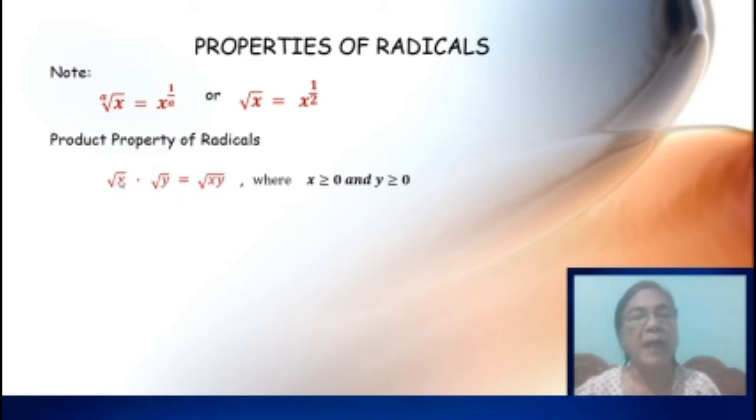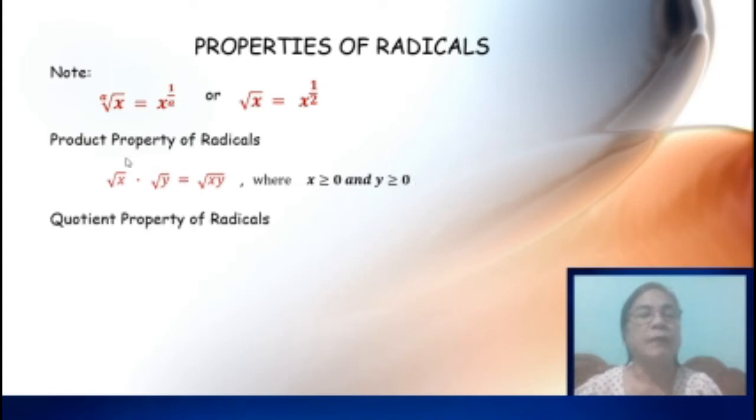We multiply x times y equals xy, wherein x should be greater than or equal to 0 and y also should be greater than or equal to 0. That is the product property.